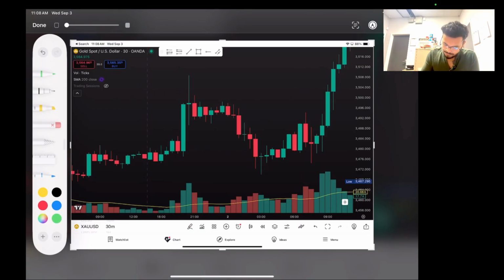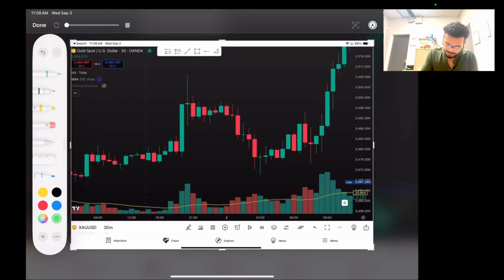We'll do green. You see, price has been consolidating for quite a while, and then it breaks out in what, Tokyo session. Yes, Asia session starts here somewhere, and then price takes a big jump here, solid momentum, and then price gets rejected at this level, as you can see, and it could not break that high.